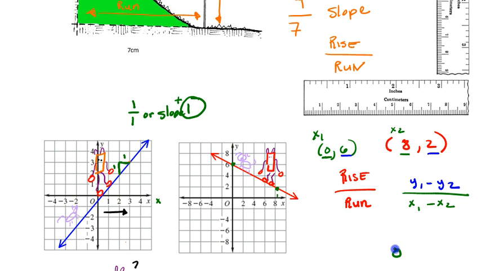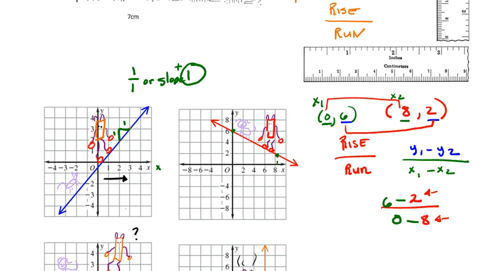So for my first one, I'm going to take 0 minus 8 and 6 minus 2. So you can see what I'm doing here is I'm trying to find the difference between my y coordinates here and the difference between my x coordinates here. And that should give me my rise over my run.